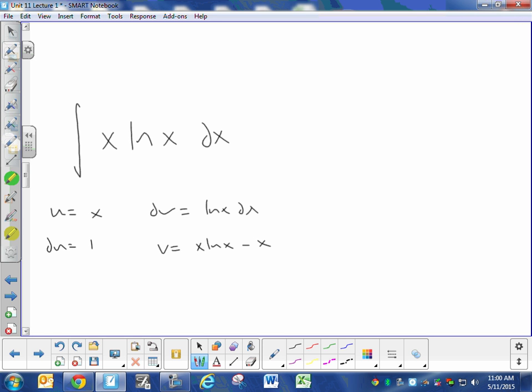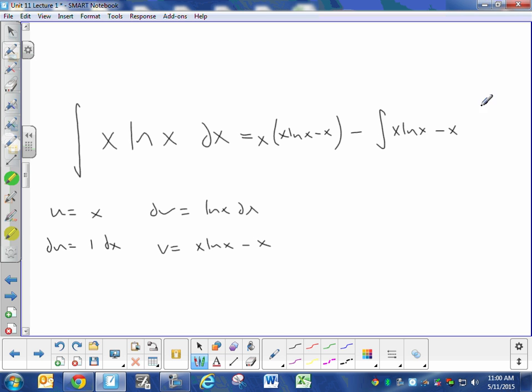See, most of you picked u as x and dv as log x dx. Well, using this u and this dv, this is rewritten as uv, so that's x times x log x minus x, minus the antiderivative of v du.